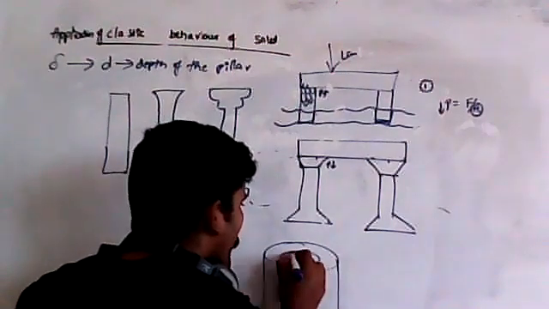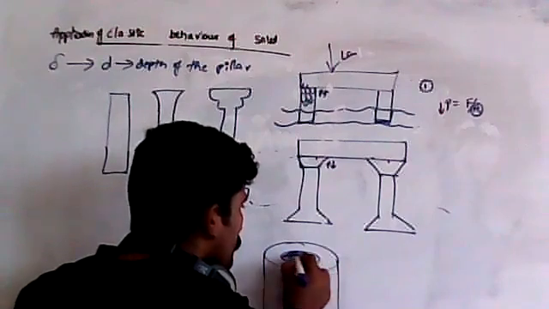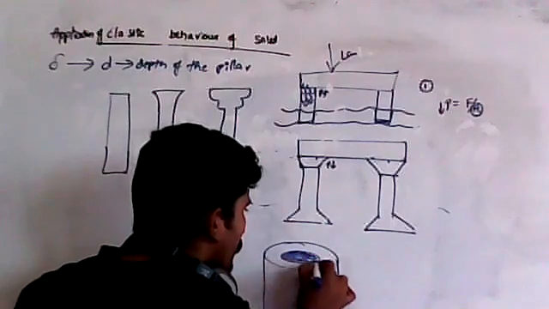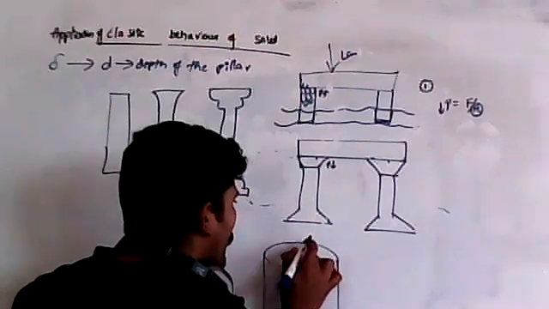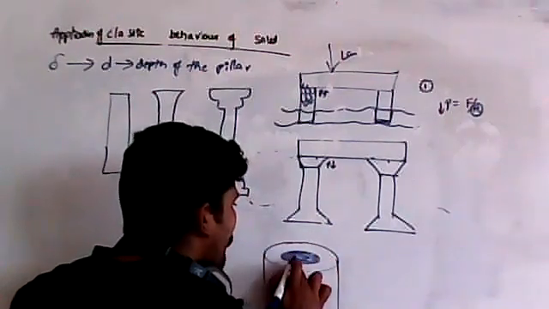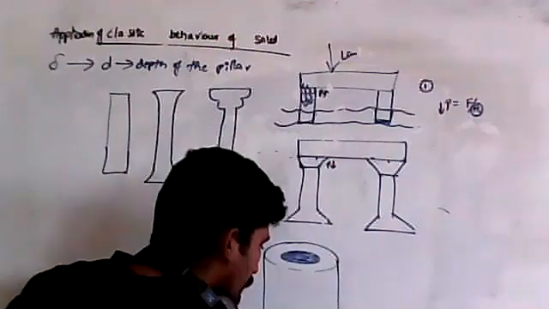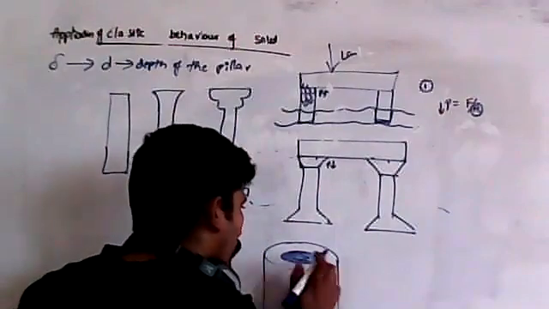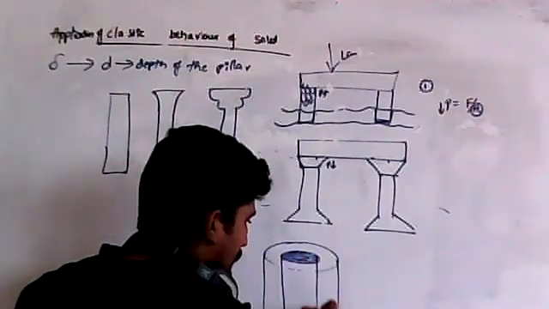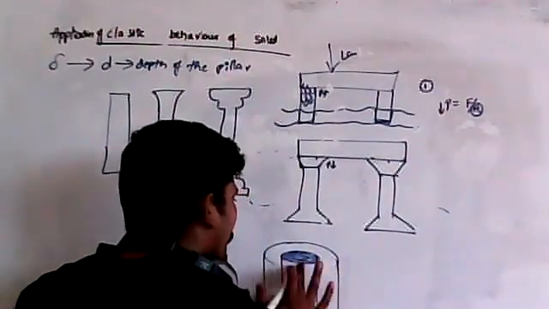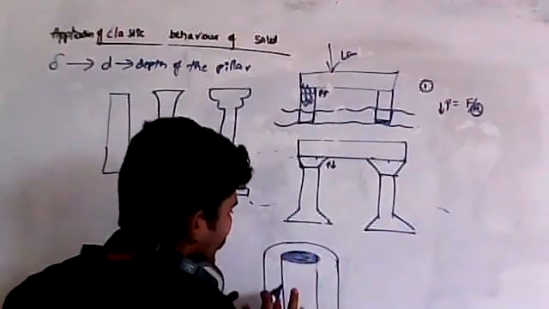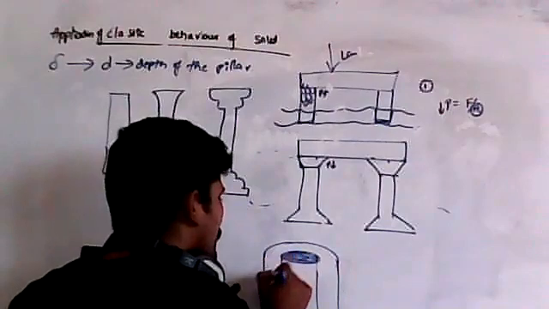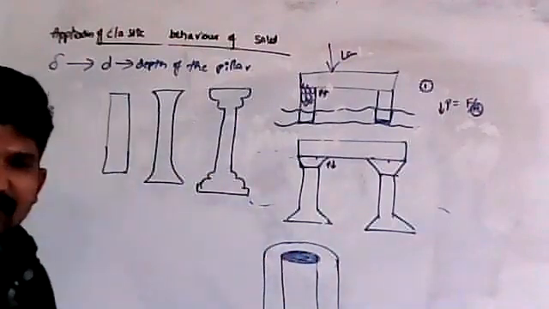For example, this part is filled and this part is hollow, this is the empty part. Why did they construct it like this? This is the empty part, nothing is there.